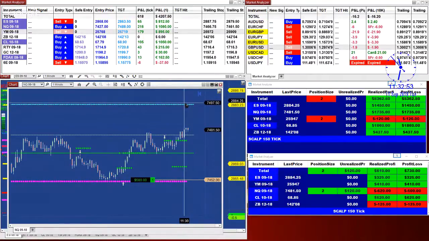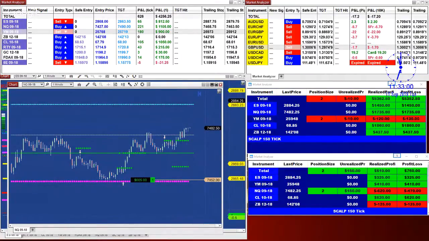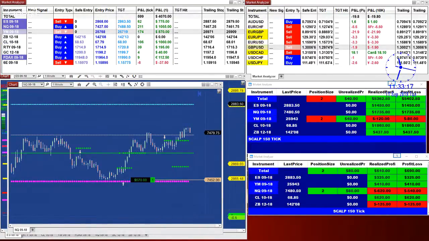The market is dying on us. This is going to drive any trader crazy.